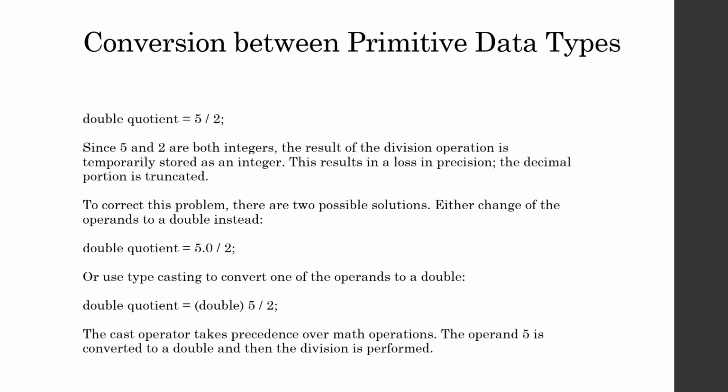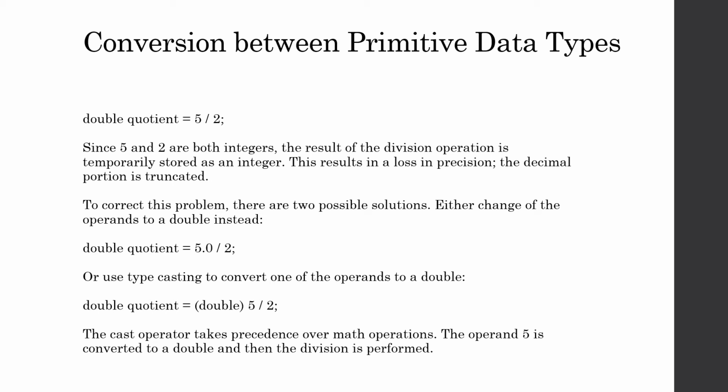So to correct this problem, there are two possible solutions. Both of these basically amount to the same thing, just syntactically it looks a little bit different. Either we can change one of these operands to be a double literal instead of an int literal. That's as simple as just adding a .0 to either one of the numbers. So in this case, we see double quotient equals 5.0 divided by 2.